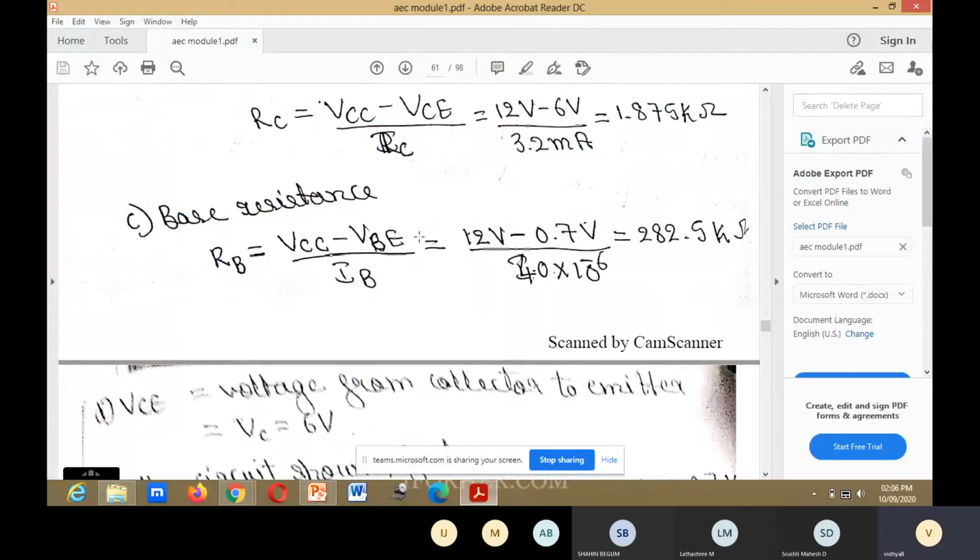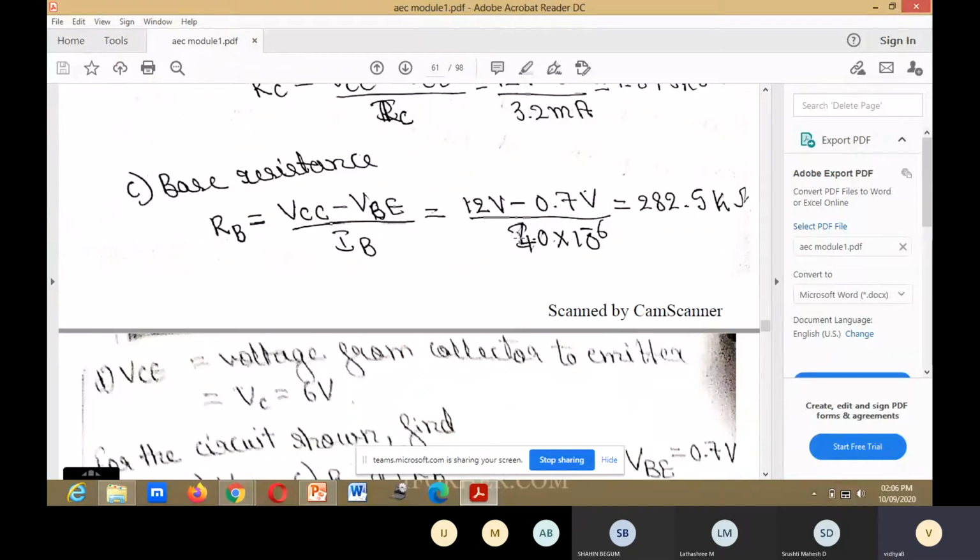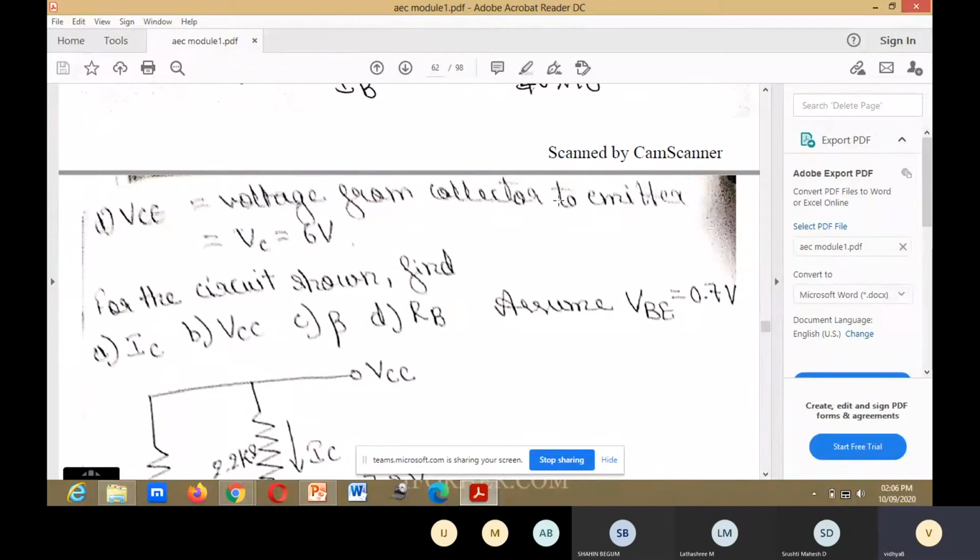RB is equal to VCC minus VBE divided by IB. VCC is 12 volts. VBE, they have given 0.7 volt. If they have not given, you need to consider it. IB is equal to 40 into 10 to the power of minus 6. After solving, you will get 282.5 kilo ohm. Next, VCE is equal to VC, that is 6 volt. This is the first problem.